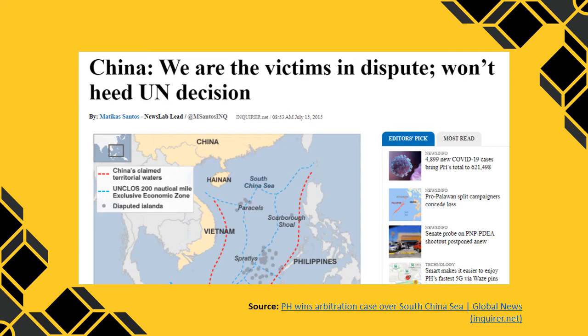So, what would be the impact of this? Of course, in the international level or in the global level, countries would feel, if not all, at least most of them would think that they're being disrespectful for not heeding the decisions of an intergovernmental body, which is the United Nations. But in the local level, they might think that they're only exercising their sovereignty, and people in China may be in favor of that.